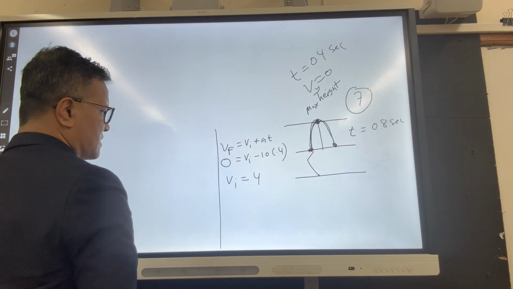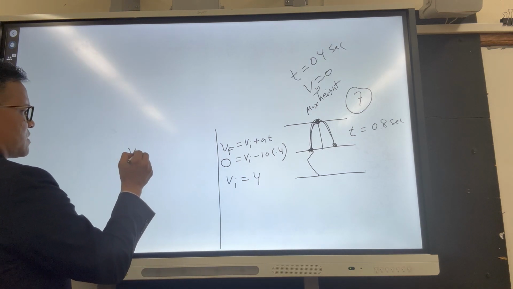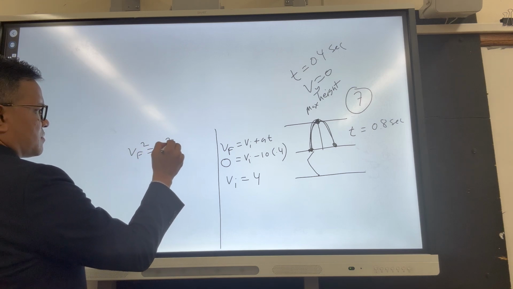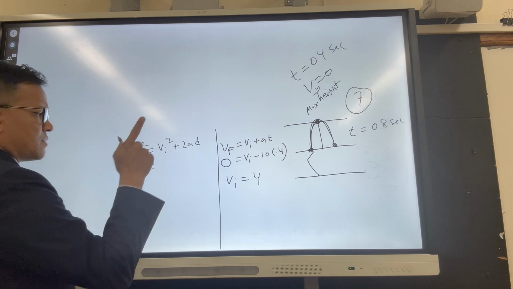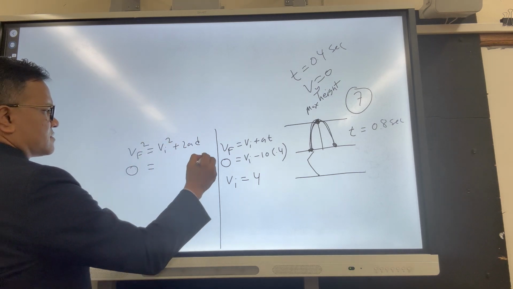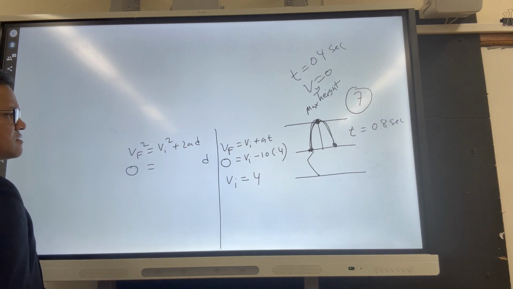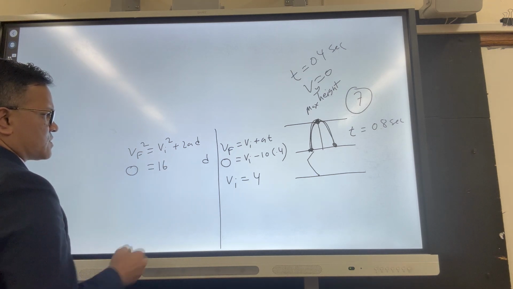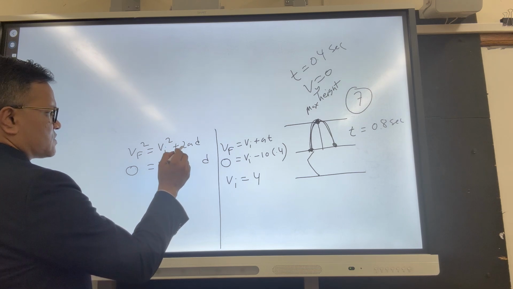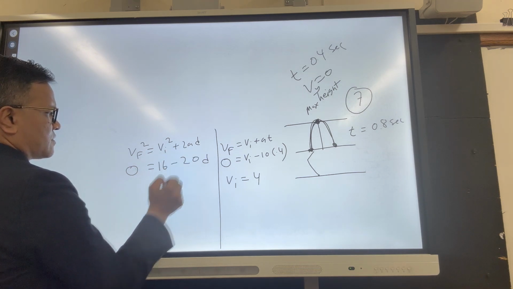How is that going to help us? Vf squared is equal to Vi squared plus 2ad. Again, Vf is 0 at the top, at max height, because we are trying to find the max height. Vi is 4, which we just found. 4 squared is 16, minus 10 times 2 is 20.